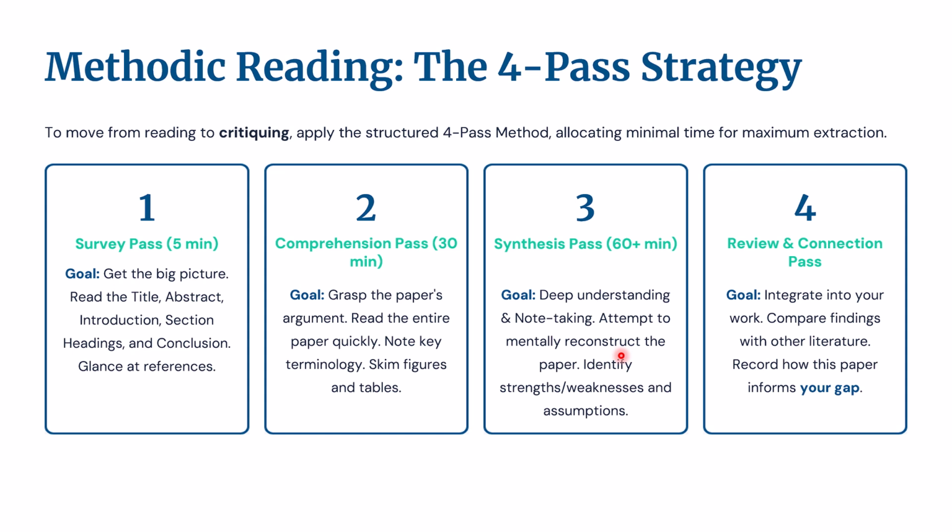That's the survey pass. In the first pass, you have to get the big picture. You read what? You read the title. You read the abstract. You read the introduction, and you read the section headings and the conclusion. Sometimes you can even start with the abstract. If that paper is not interesting for you, or does not have what you are looking for, you just put it aside and take the next paper.